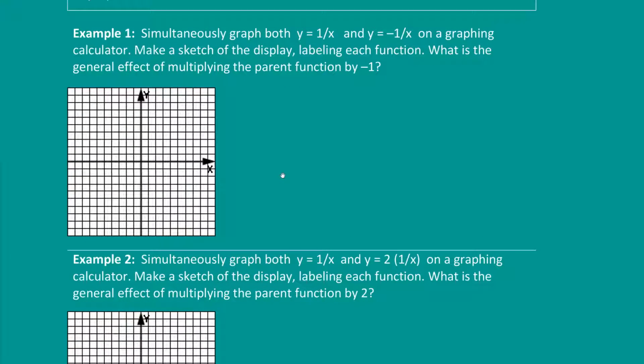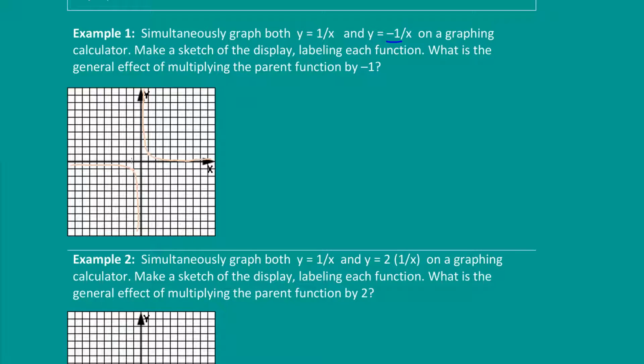So if I was to graph y equals 1 over x, that's going to have this asymptote here. And I'm just going to do rough graphs because we're going to be drawing a lot of these. So we have the asymptote here and the asymptote there. And they want us to graph that at the same time as we graph -1 over x. Now remember, with a negative number in front, that means it's going to reflect the graph over the x-axis.